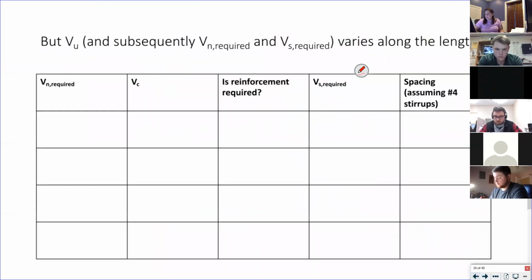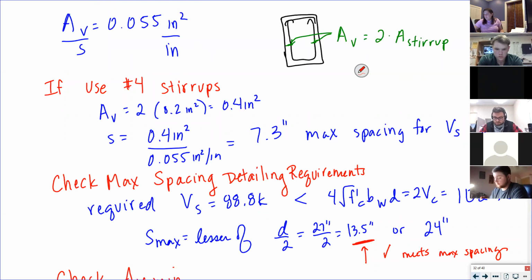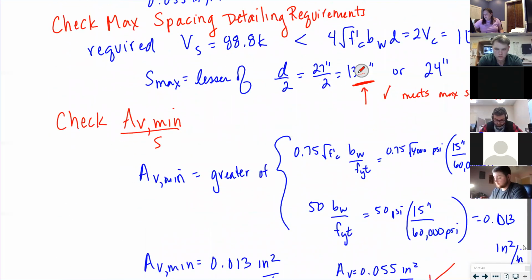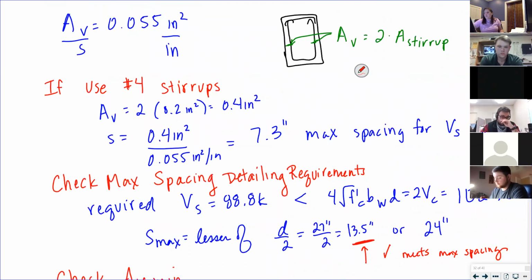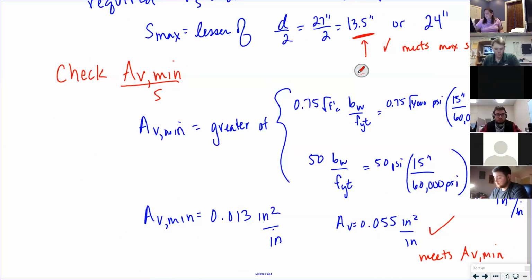Should that Av have been 0.04 or 0.4? Or is that comparing to the Av of a stirrup? Oh yeah, I guess we could actually, you're right.